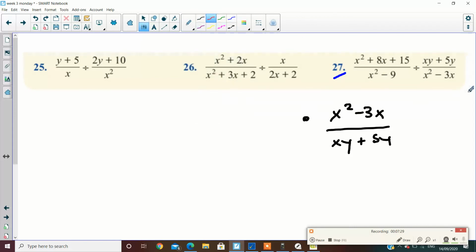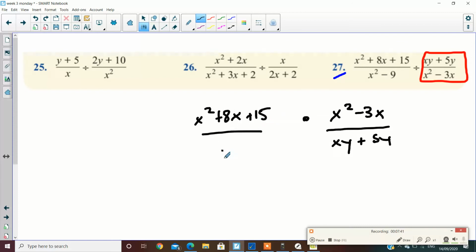And then y into... okay, now look at this: x plus 5 and x plus 5, x minus 3 and x minus 3, x plus 3 and x plus 3. That's what Isaac was asking me earlier, and your answer is x over y.